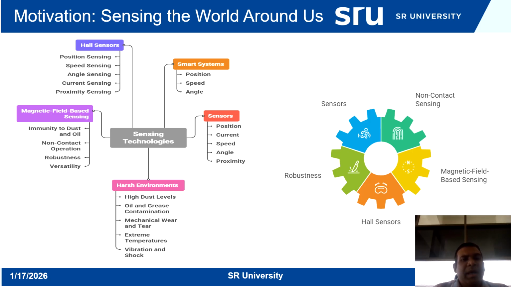Then the next one is mechanical wear and tear. Contact-based sensors are subject to wear and tear, leading to reduced accuracy and eventual failure. Another point is extreme temperature. High or low temperature can affect the performance of many sensor types. Then vibration and shock.